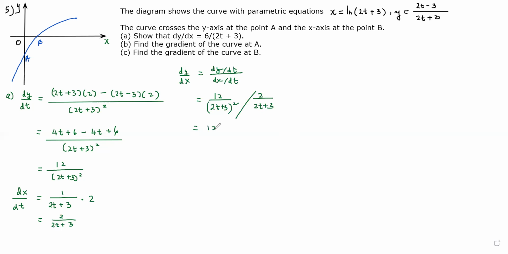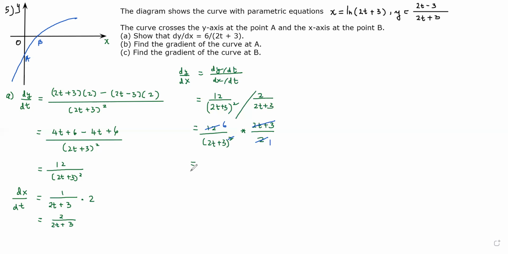When we divide by a rational term, we change it to multiplication and flip the second term, so we have (2t plus 3) over 2. Then we can cancel the 12 and the 2 to be a 6 and a 1. 2t plus 3 and the square, we can cancel that as well.